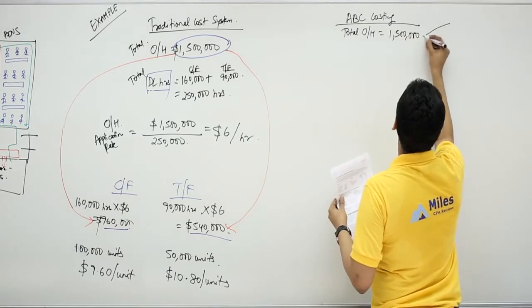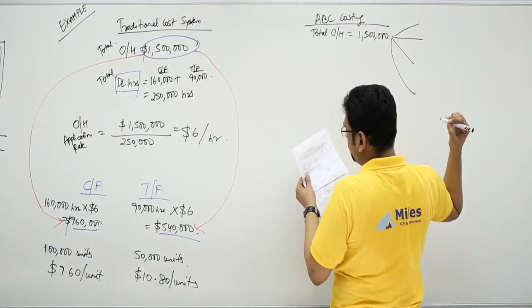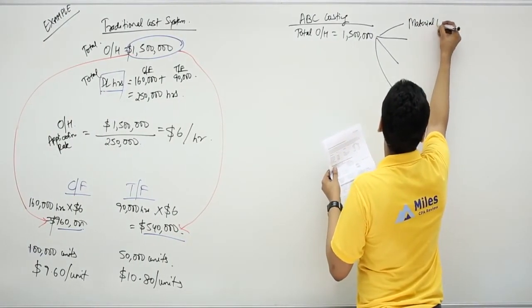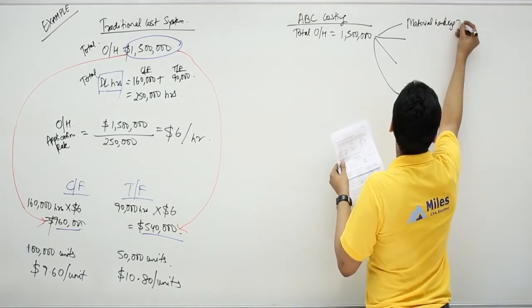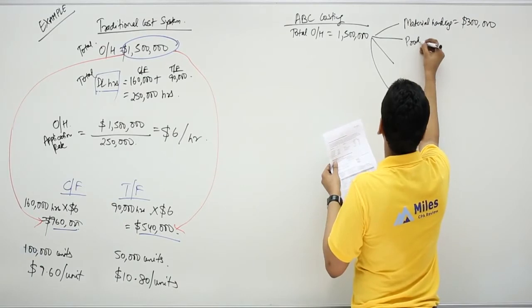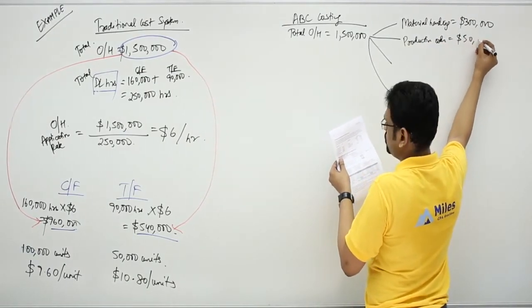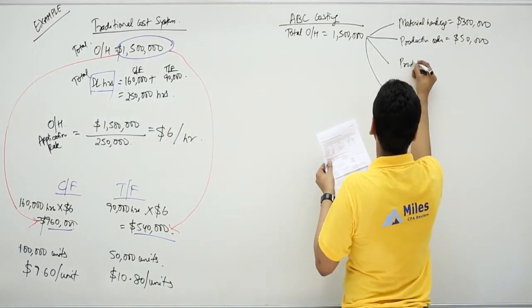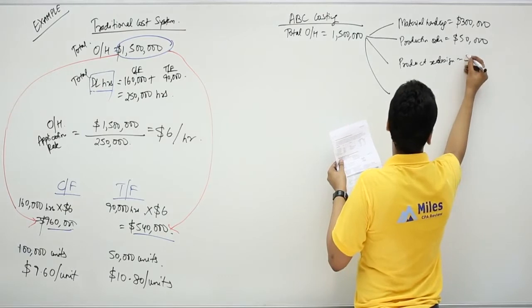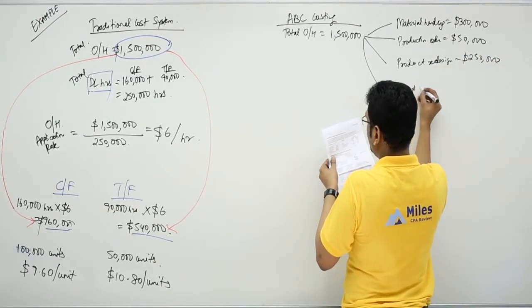Now we're going to look at all the activities that were involved in this $1.5 million of overhead. So you had material handling, this was $300,000. Then you had production orders, this was $50,000. You had product redesign, this was $250,000. And then you had plant utilities.